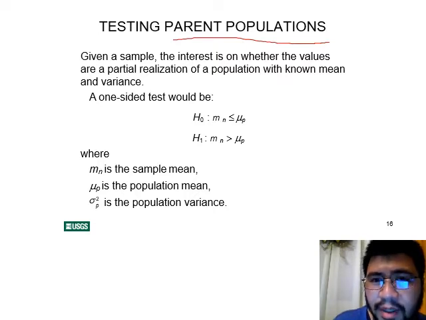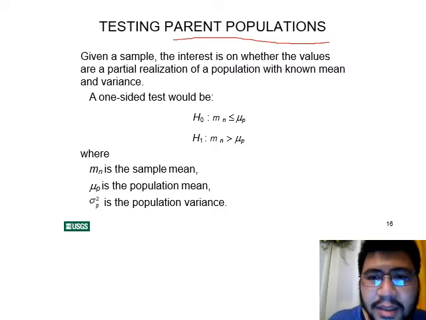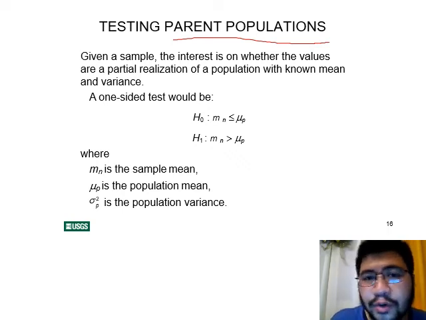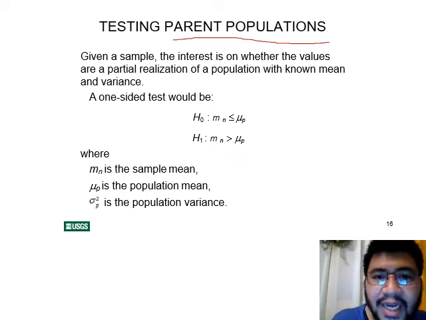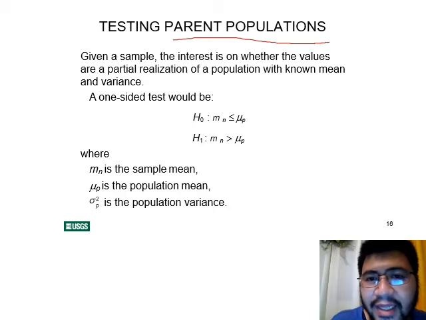Okay, and basically you can just go to a random home and measure the amount of lead in that house, and compare the value that you get against the EPA standard.